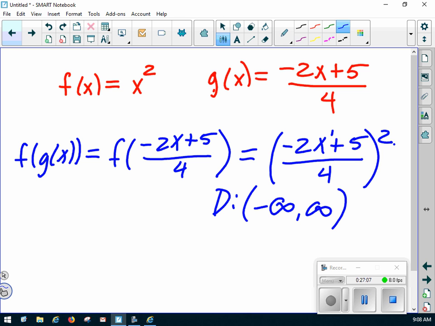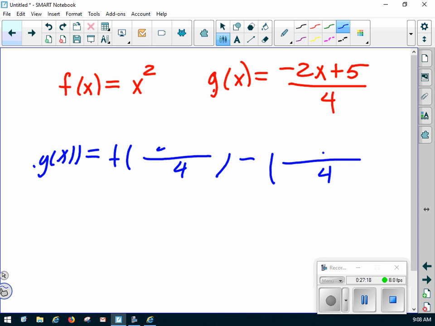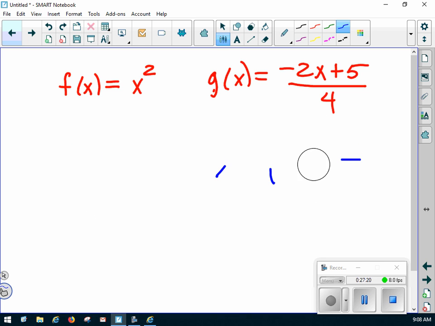Now let's do g of f of x, and we are going to be done with teaching for the semester. G of f of x. All right, here we go. What happens first? F happens first. What is f of x?